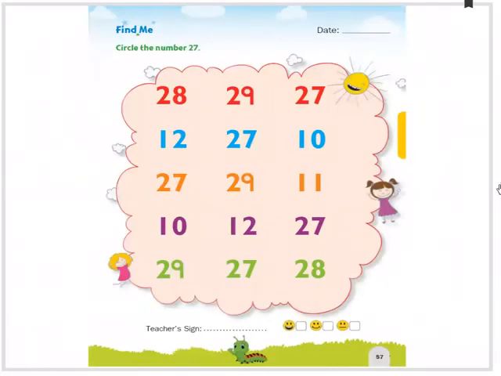Okay, turn your page, children. Yes, here is also the circling of the number 2, 7, 27. On the previous page, you circled the number 2, 6, 26, no? Now you have to circle 2, 7, 27. You have to do it on your own. You have the books with you now. Just do it and get corrected by your mama or papa.